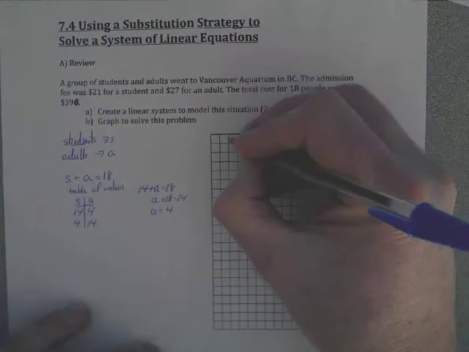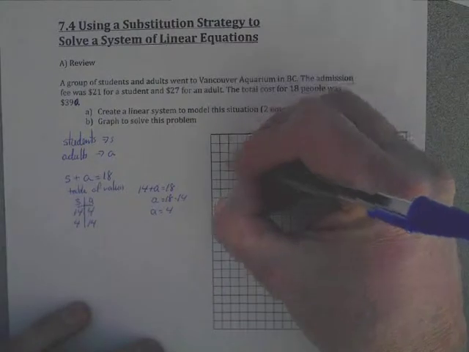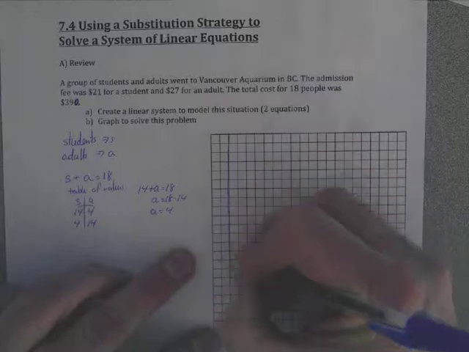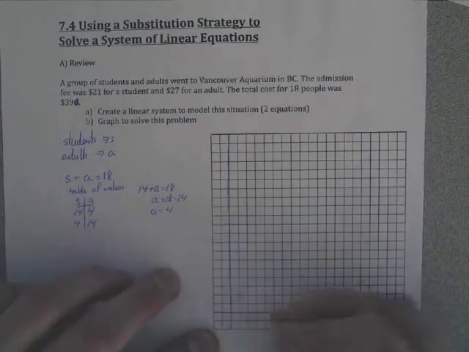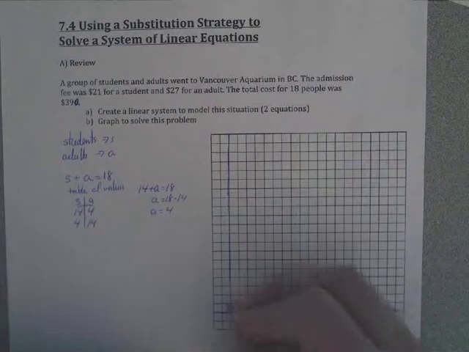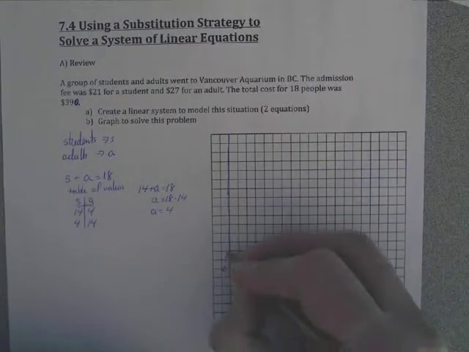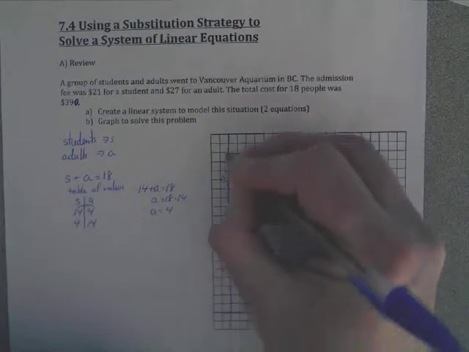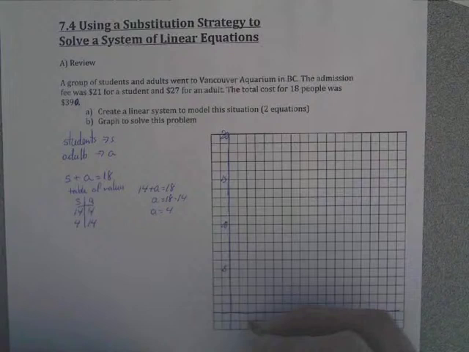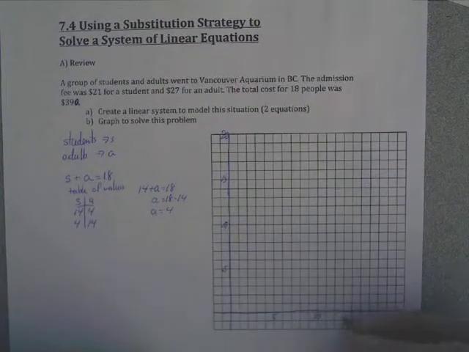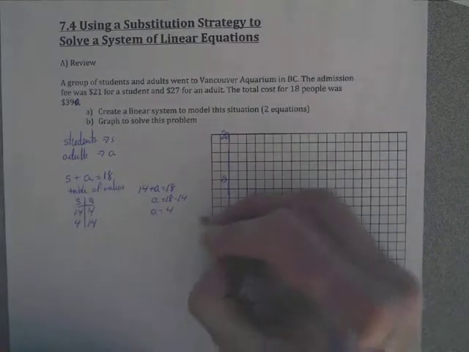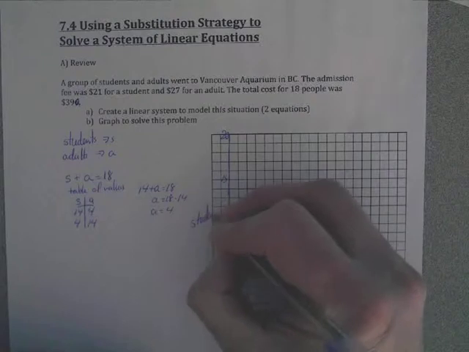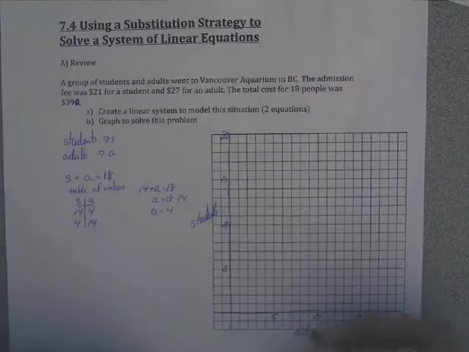So I can graph this. I count 1, 2, 3, up to 20, and the same down below. I'll put my students here and adults down below.